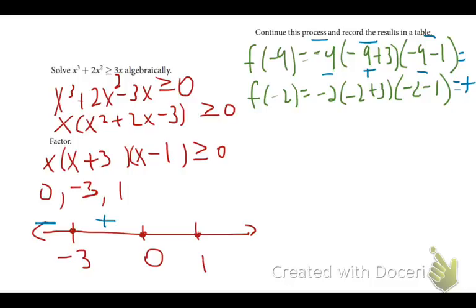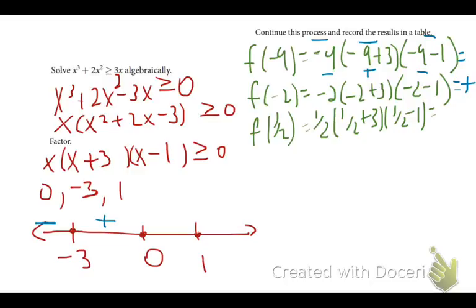Okay, now we're between 0 and 1. What do you want to test there? A half? Okay, so we have a half, a half plus 3, and a half minus 1. All right, a half is positive. A half plus 3? Positive. Okay, so the half was positive.